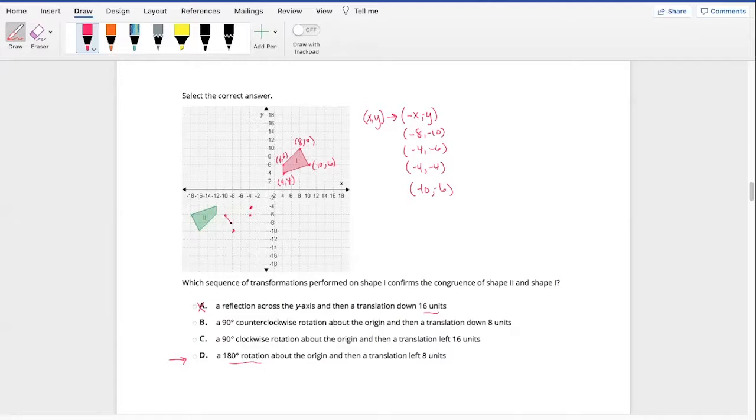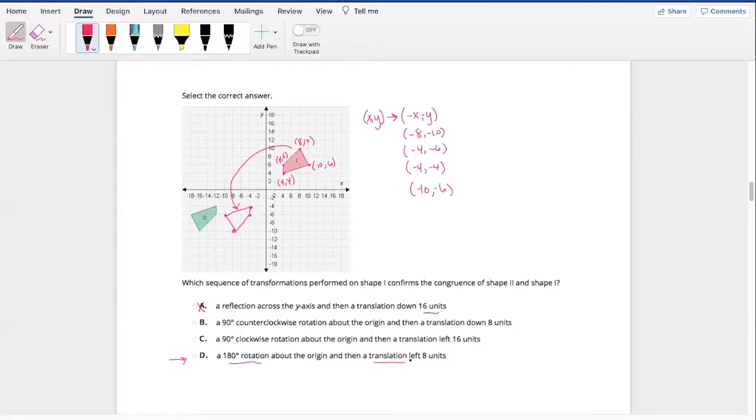So again, there is our shape. So that would be after the 180-degree rotation. You can kind of see as it rotated there's that half circle, 180 degrees.